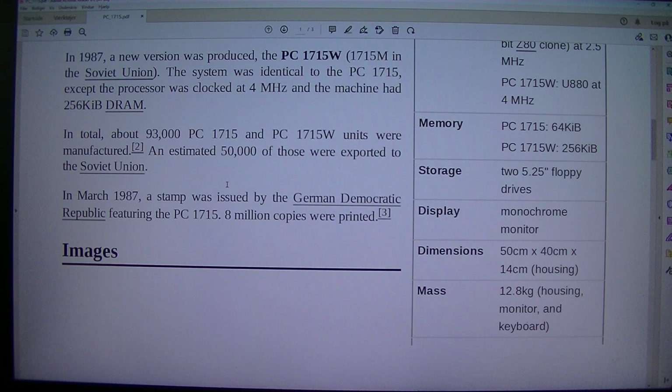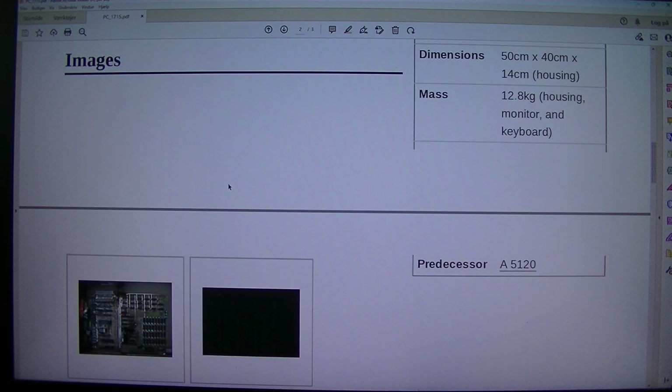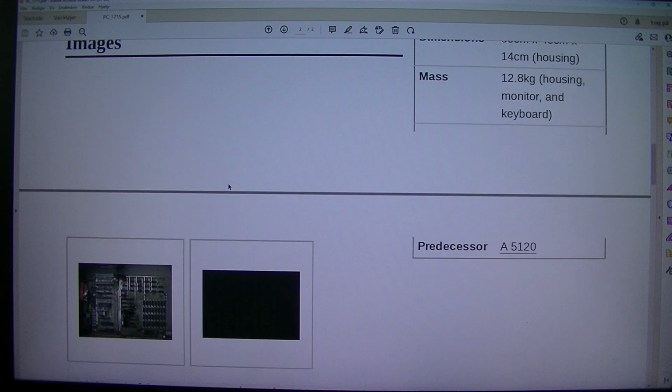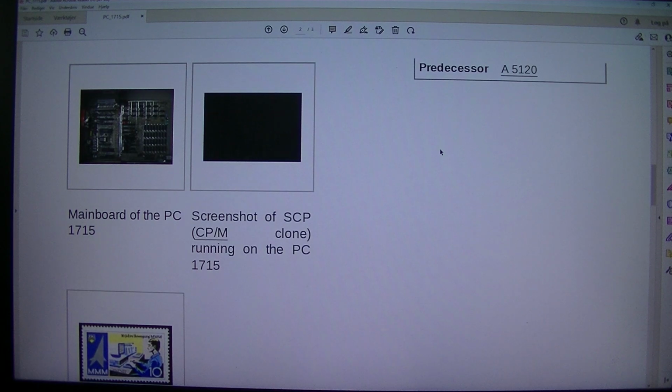In March 1987, a stamp was issued by the German Democratic Republic featuring the PC-1715. 8 million copies were printed. 3 images: Predecessor A5120. Main board of the PC-1715.